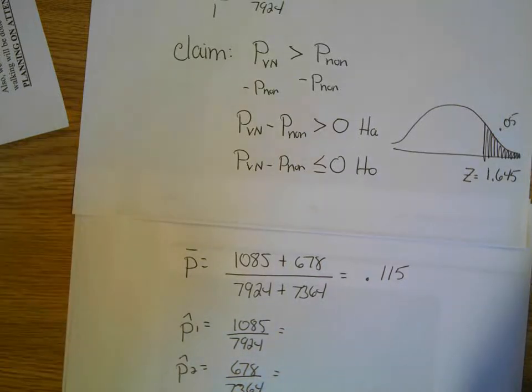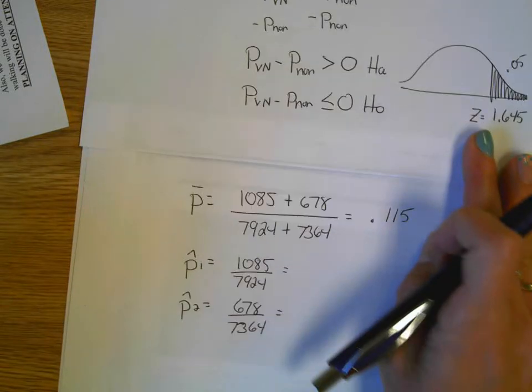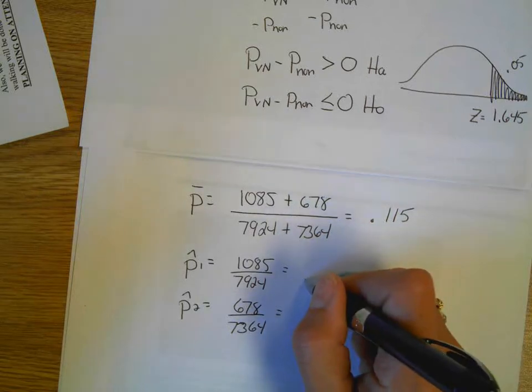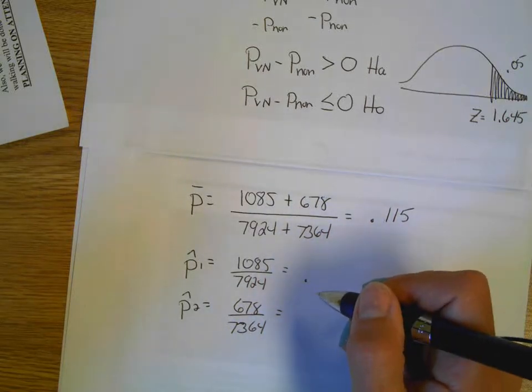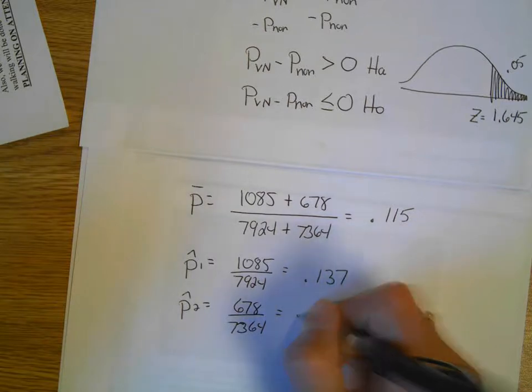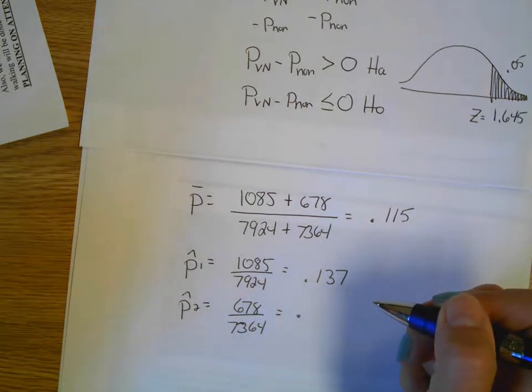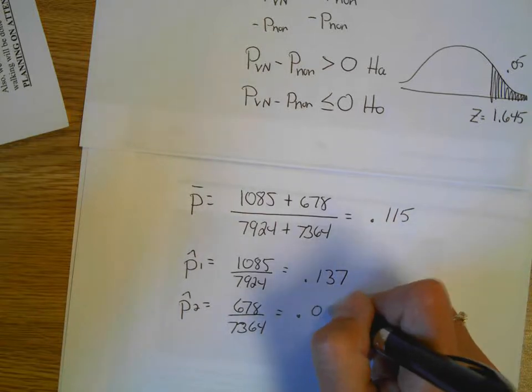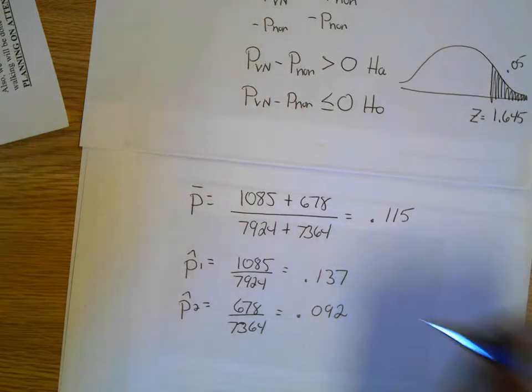If you want to keep them as fractions, you can. I don't really care. What do you want? Decimal? Okay, what's the decimal for the first one? And the second one?